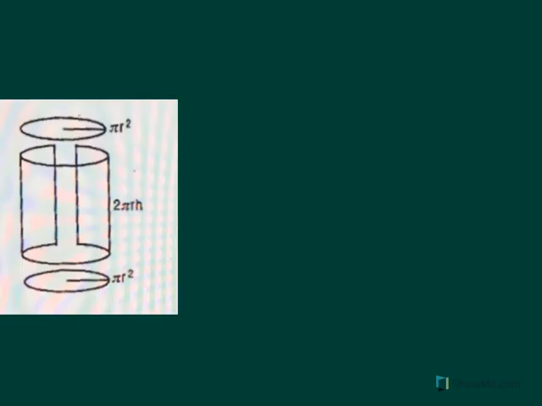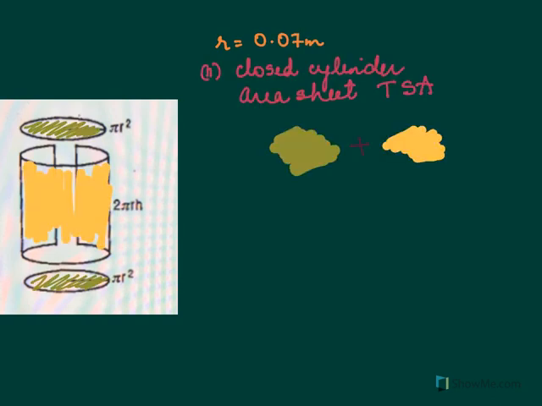Now we're not done with the sum. Now we continue. Where did we stop? We stopped saying that r equals 0.07 meters. So here if you notice, we need to cover these two areas. One area is this yellow one and the other is the green one.